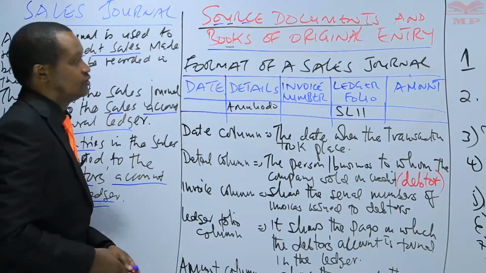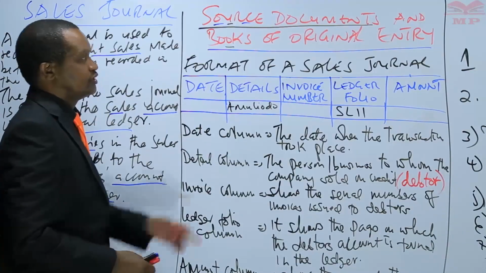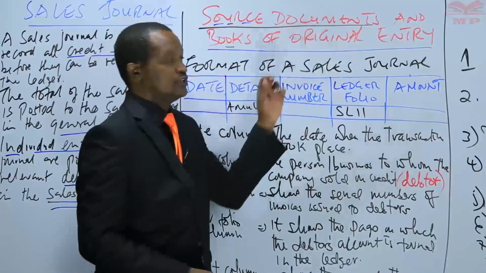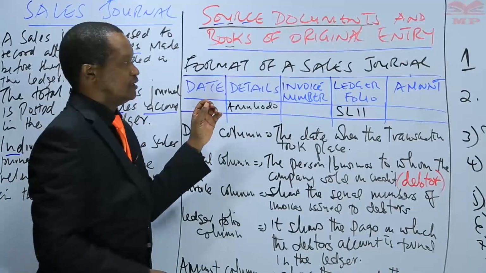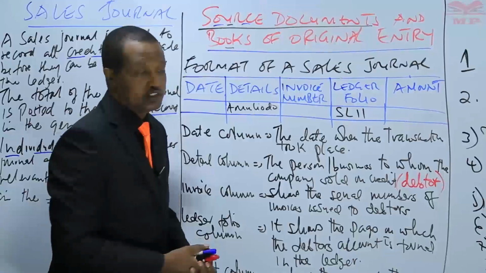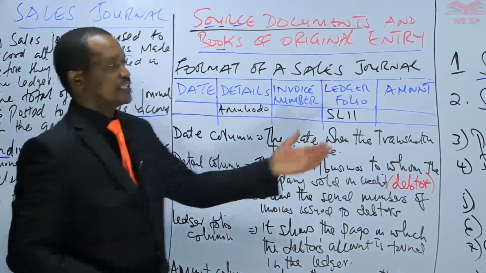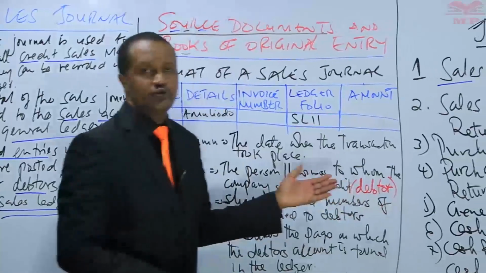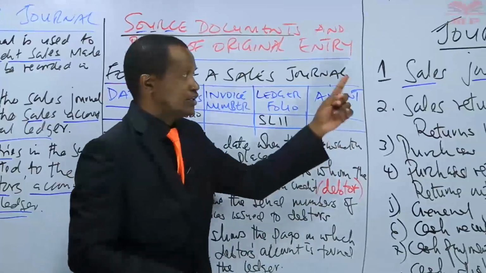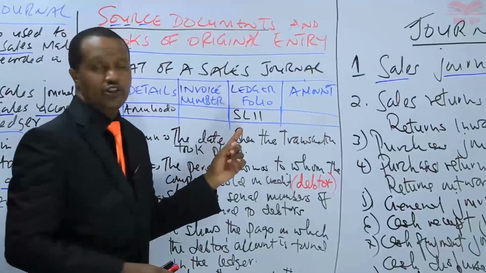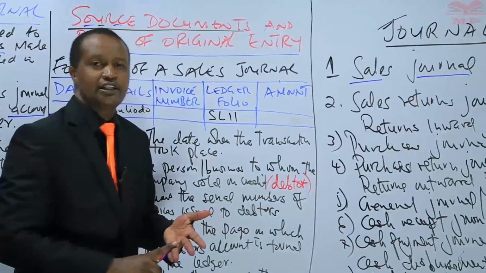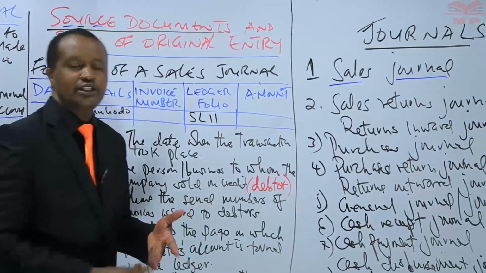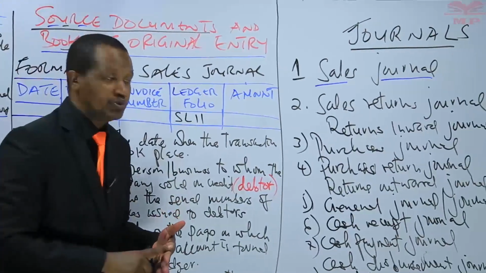Go through the video. I've introduced the books of original entry in this video. I've defined what these books of original entry are. I've given examples of these books of original entry, which I said are also known as journals. They are also known as diaries, subsidiary books, and day books.